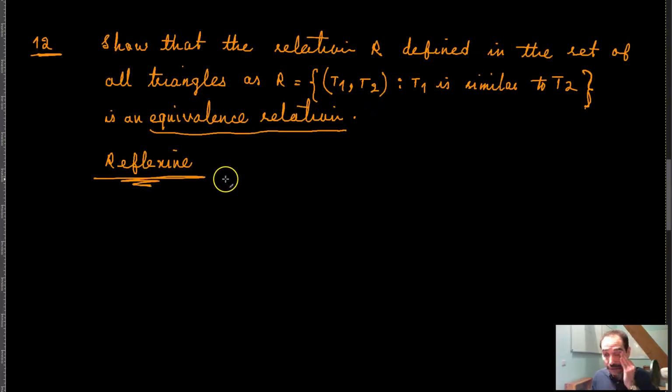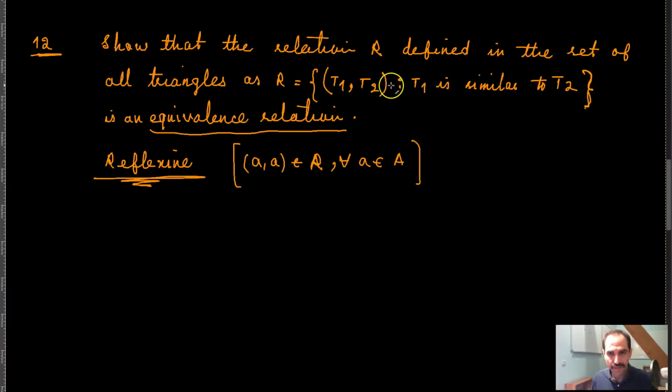Now, to show that R is reflexive, what you need to do is show that A comma A belongs to R for all A belonging to A. If that is the case, then we can say that R is reflexive.